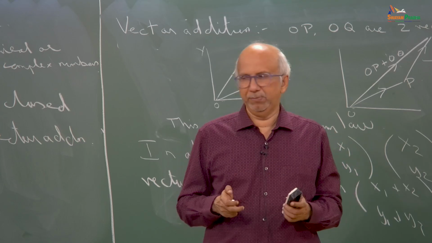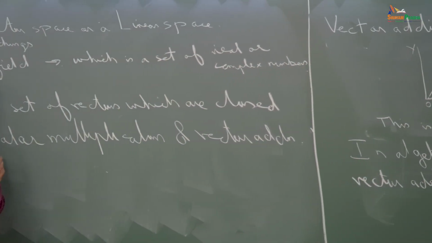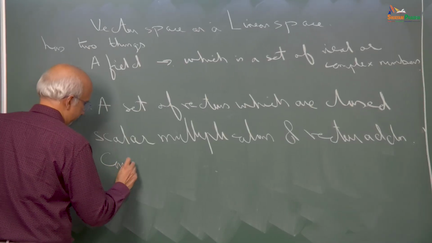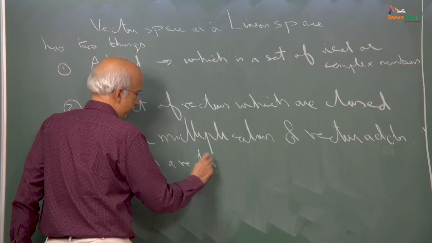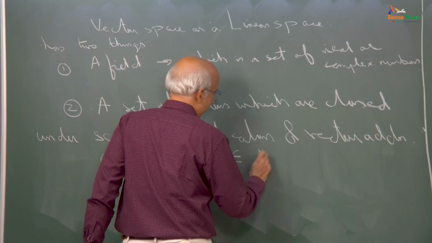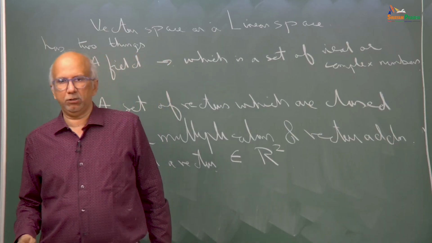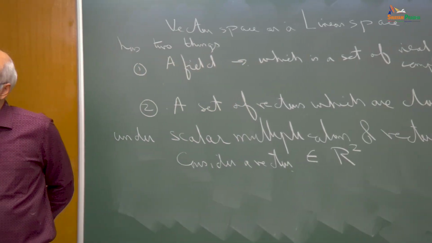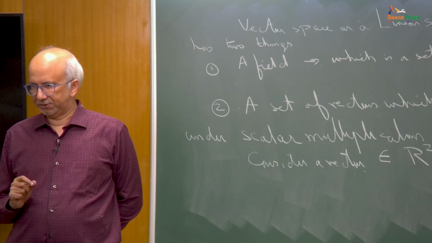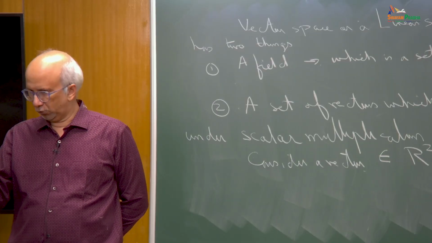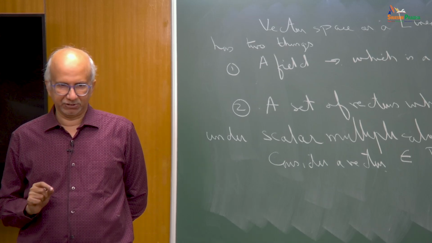Basically, consider a vector which I will say belongs to R2. Now what is R2? R2 is the space of vectors which have two coordinates, two elements, and both of them are real. R is for real, 2 is for the number of elements.